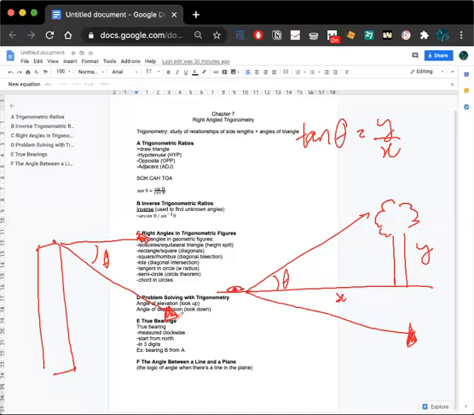For example, if there's a bird here and they ask you about the bird's angle of elevation from this position, then you have to calculate this angle, which is technically the same as this one, and this is supposed to be the same.